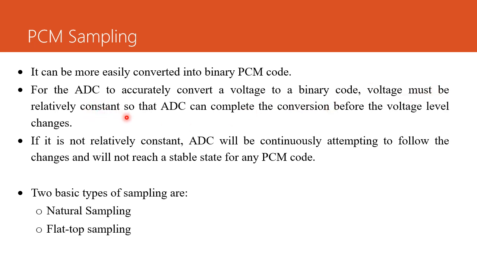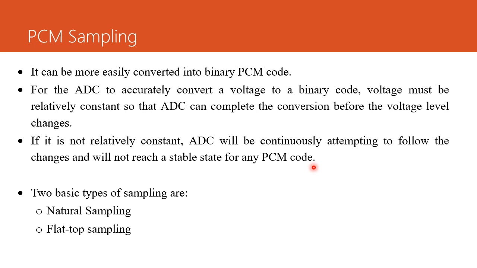If it is not relatively constant, then the ADC will be continuously attempting to follow the changes and will not reach a stable state for any PCM code. That is why we are using the sample and hold circuit within this PCM transmitter.